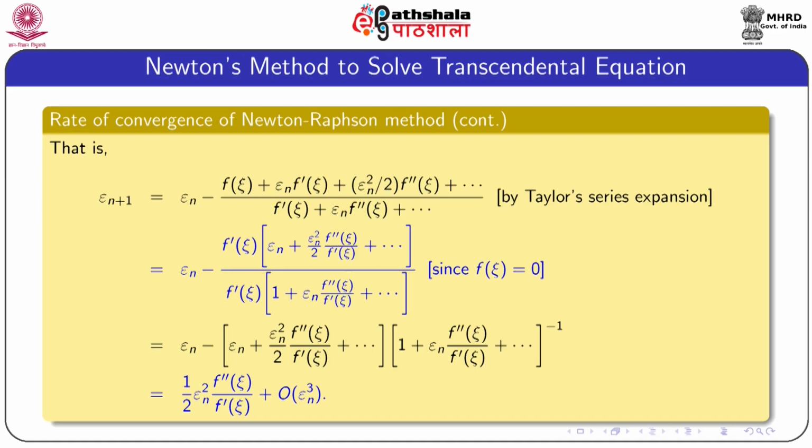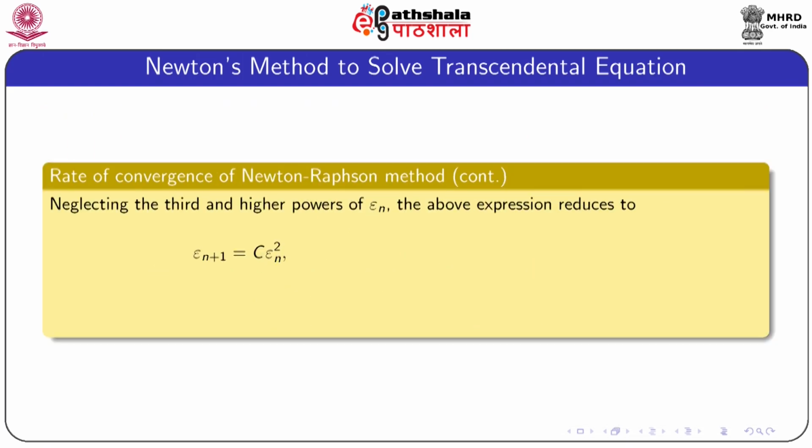Since epsilon n is a very small number, we can neglect the terms epsilon n cube and higher powers of epsilon n. Then the error expression becomes epsilon(n+1) = c epsilon n to the power 2, where c = the second derivative of f at xi divided by 2 times the first derivative of f at xi, and this is a constant because this term is free from the error term epsilon n.